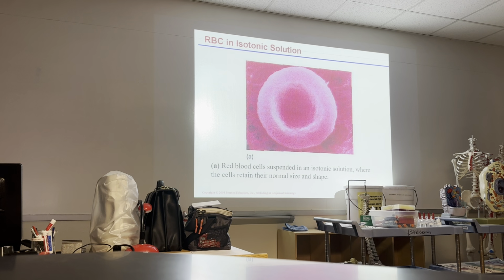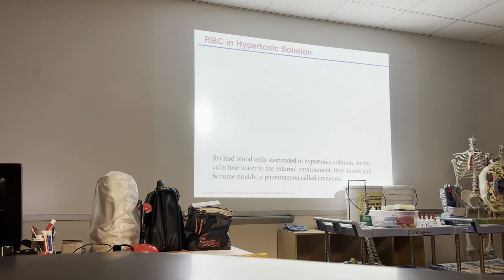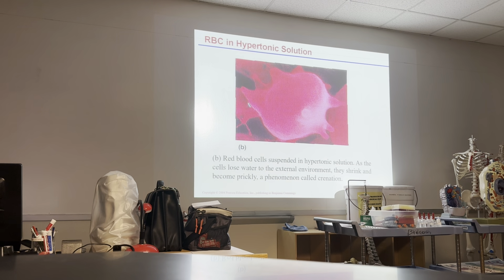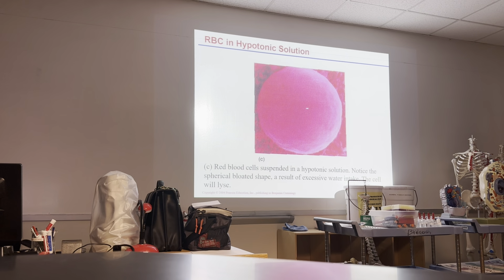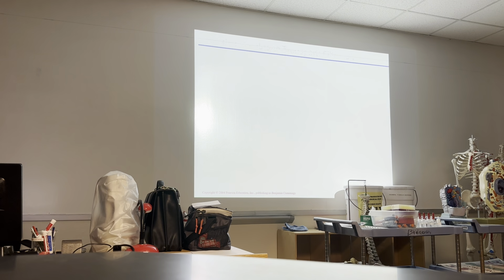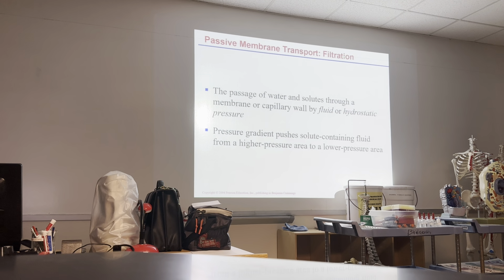Okay, so isotonic. Hypertonic. What do we call this fancy word? Crenation. They shrink and get prickly, crenation. And then we've got hypotonic. What happened? They lyse. Fancy word, lyse. And then you've got the filtration system. Filtration is, what do we see, pressure? You've got two different types of pressure.